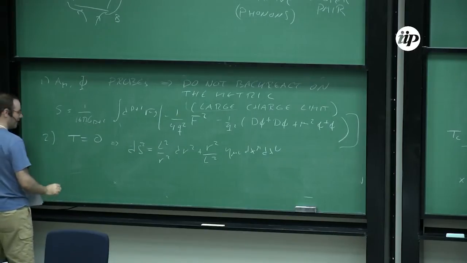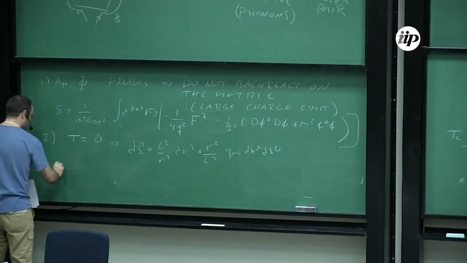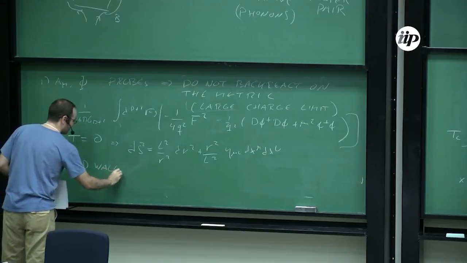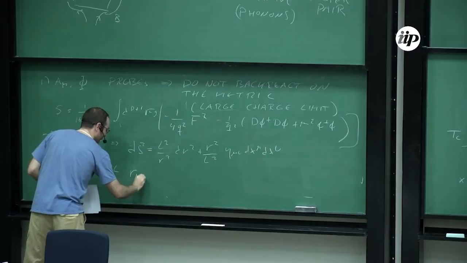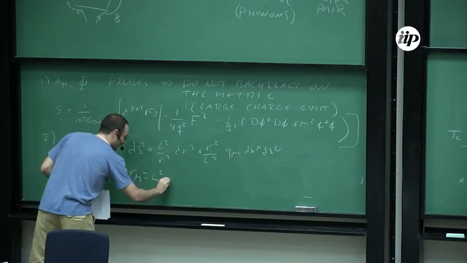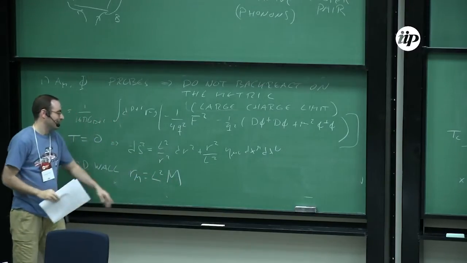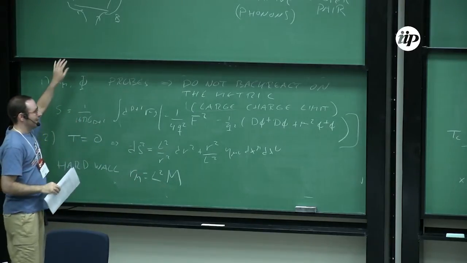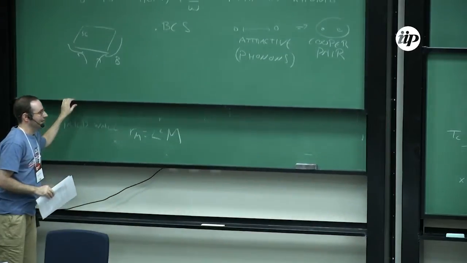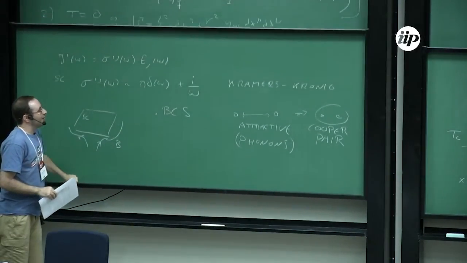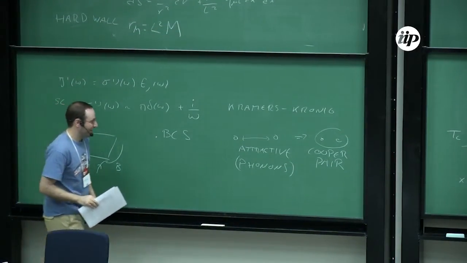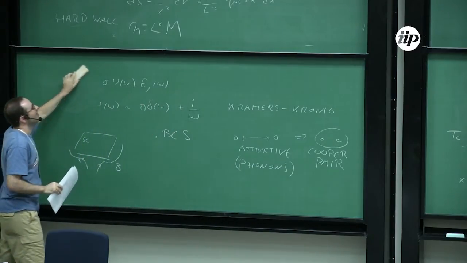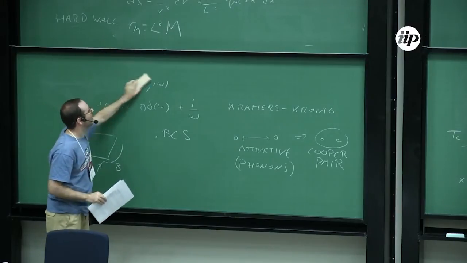So I'm going to declare that the space ends at some value of the radial coordinate, R_m, which is related to some mass scale, M. So this is like a very rough toy model where instead of the horizon, I have this hard wall.